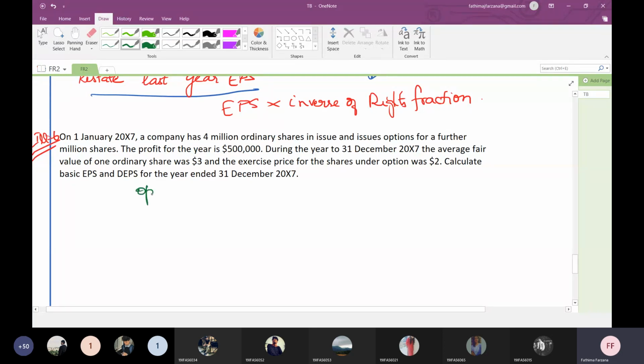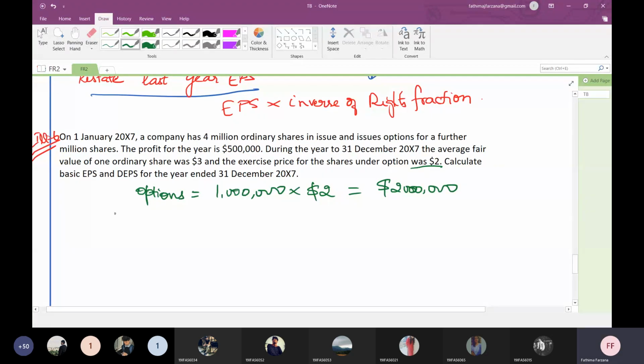So I'll just write here: options is equal to 1 million. This is the number. And how much is one option? Based on the option, how many shares can you buy? That is, the option was issued at how much? It is given as $2. So you have 2 million worth of options in your hand.